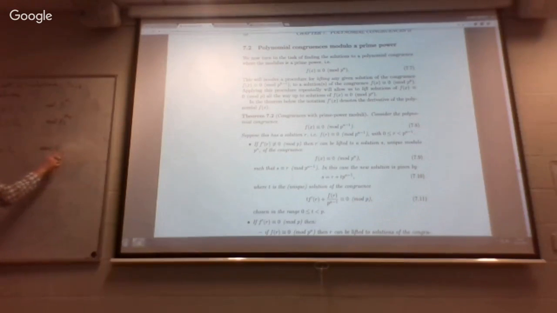Modulo p_r to the alpha_r. So having found all these solutions to these r different problems here, when you extract one solution for each one of these, stick them down on the page, by the Chinese remainder theorem these give you one single unique solution modulo... Remember, the Chinese remainder theorem gives you one simultaneous solution to those modulo the product of all the moduli.